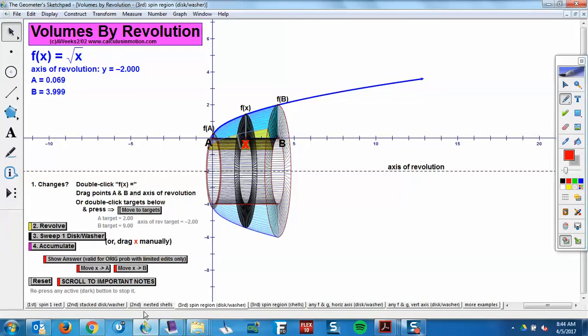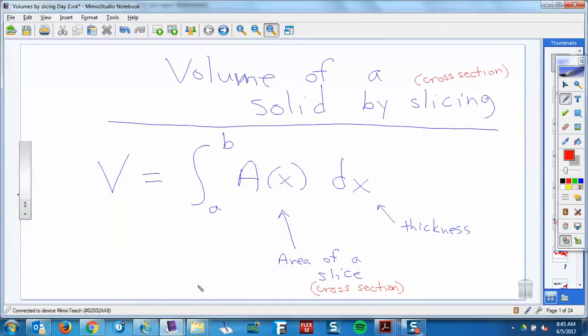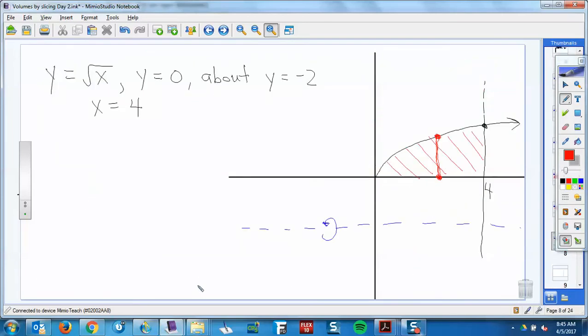Okay, well, I go back to what we have to do. We need to identify what the slice is and find the area of that slice. Well, in this problem, when we reflect this, and again, it's not necessary that you draw this, isn't this our picture? Like that?